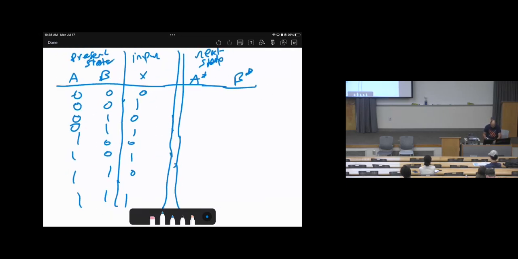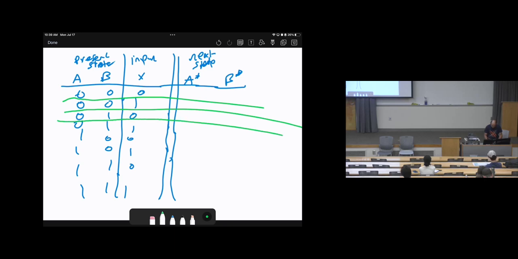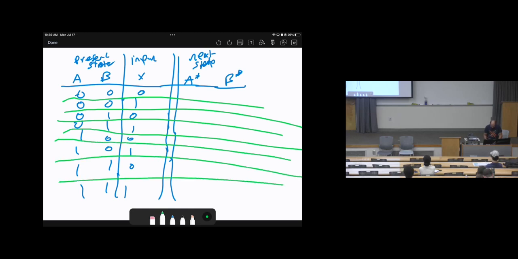I'm not going to spend, it might take 10 minutes or maybe more to calculate this. So I'm going to give you the output here.